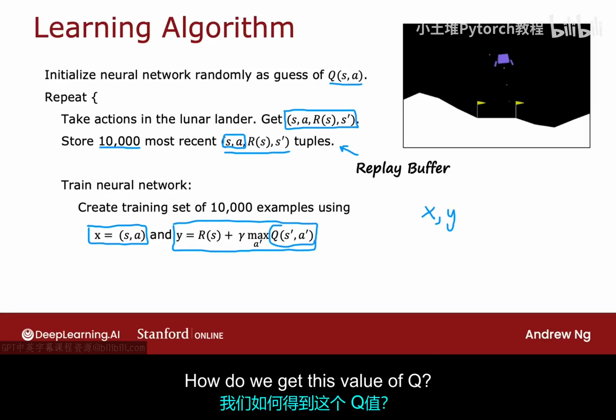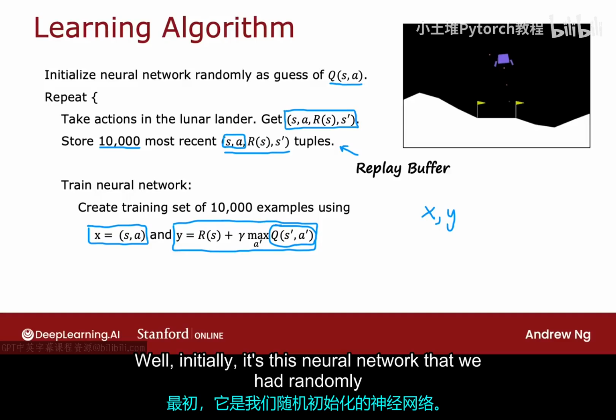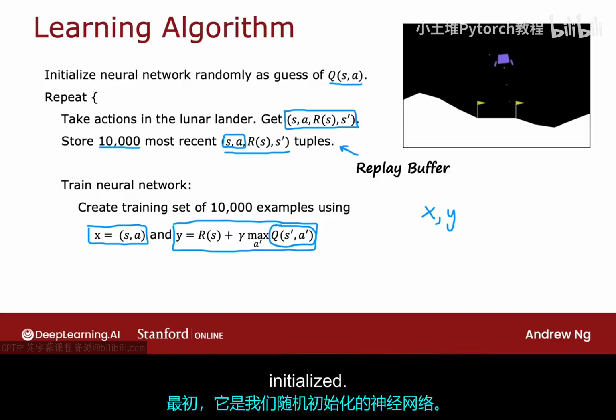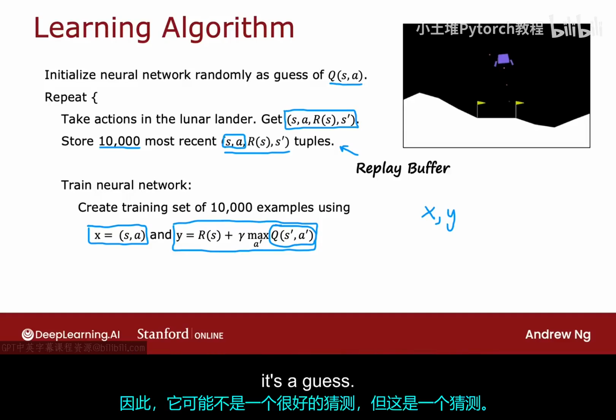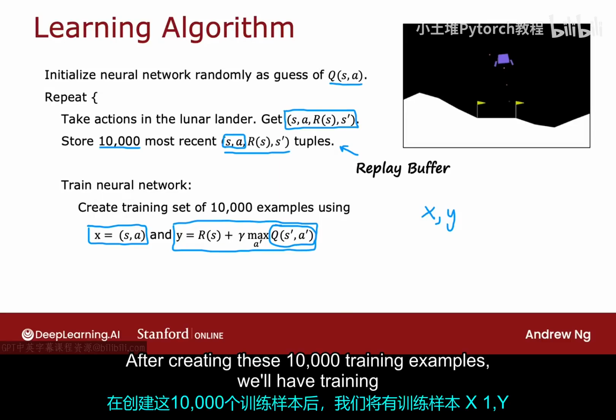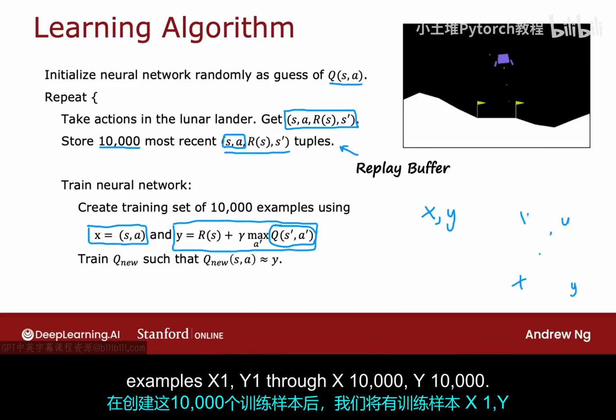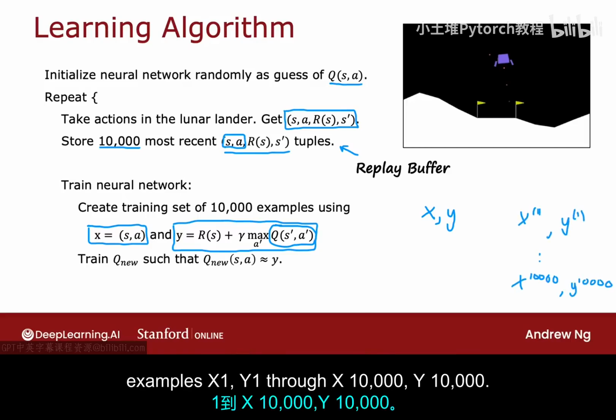How do we get this value of Q? Well, initially it is this neural network that we had randomly initialized. So it may not be a very good guess, but it's a guess. After creating these 10,000 training examples, we'll have training examples (X1, Y1) through (X10,000, Y10,000).